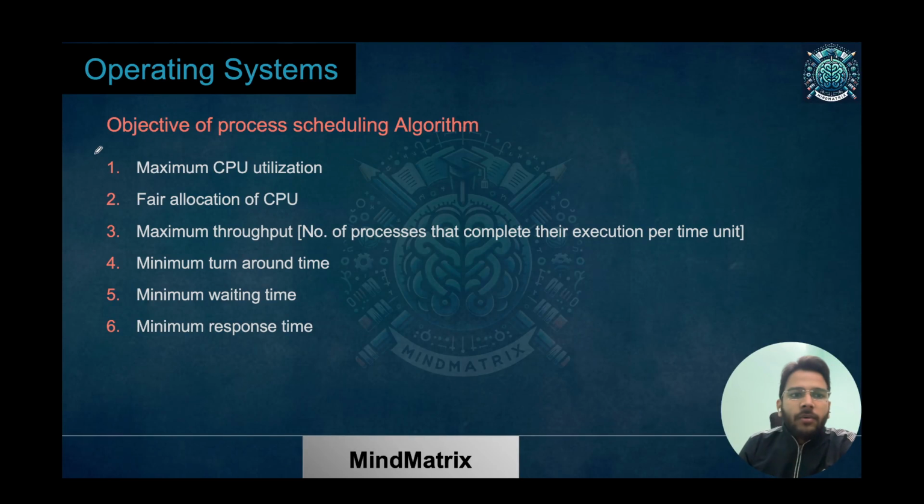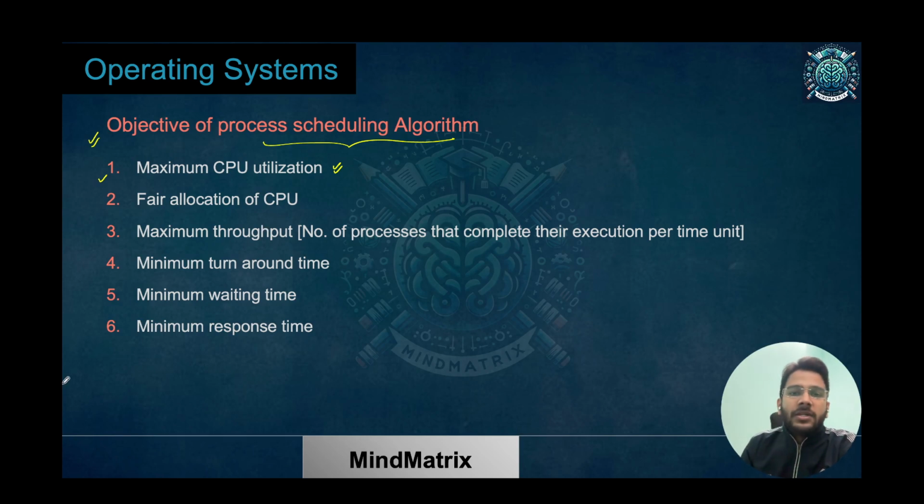Now let's talk about the objectives of a process scheduling algorithm. What are the main objectives that we want to fulfill when we are scheduling the processes? So first thing is we want maximum CPU utilization. We want our CPU to be busy executing processes for most of the time.